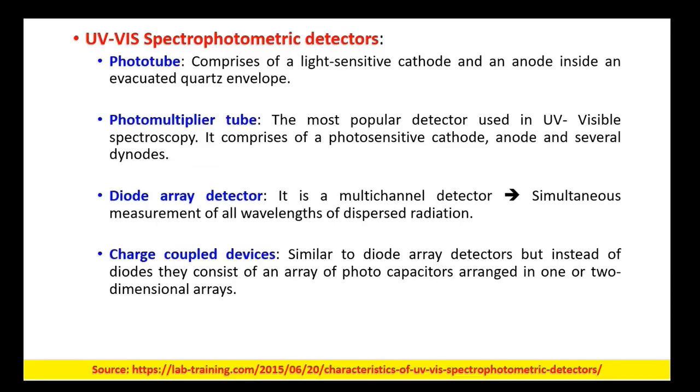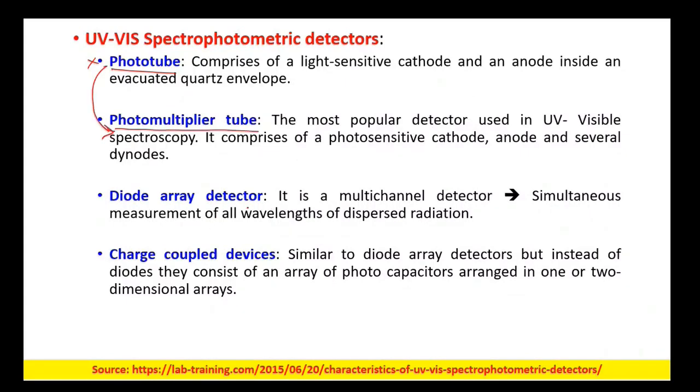Then we discussed the different types of spectrophotometric detectors. We discussed phototubes. In the initial days phototubes were used, but nowadays they are not much used. On the contrary, we basically use the photomultiplier tube, which is an advanced version of the phototube.